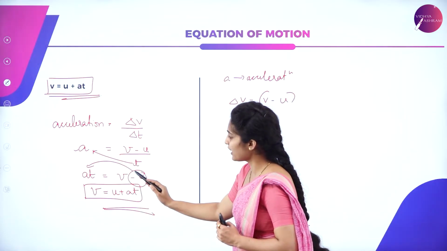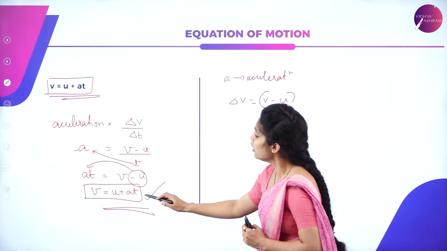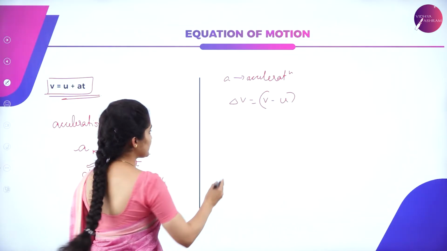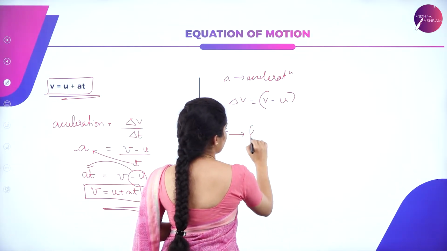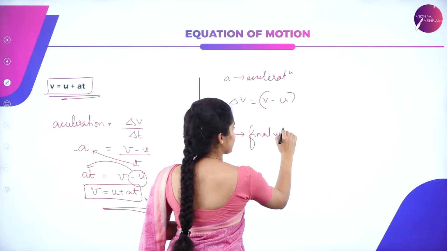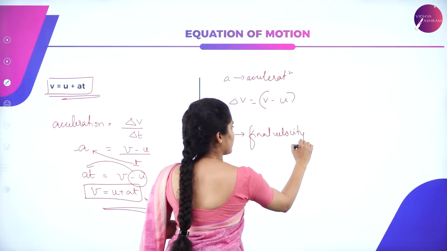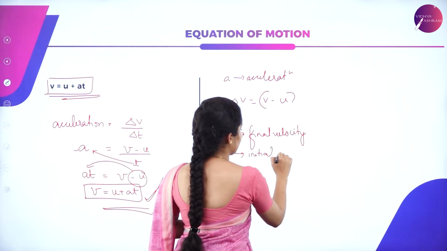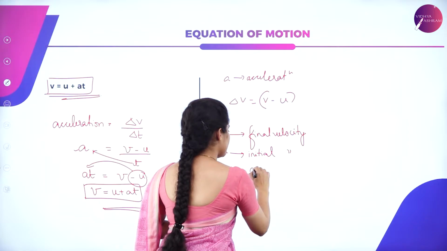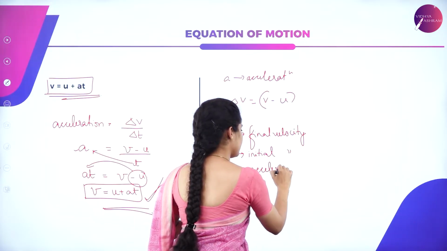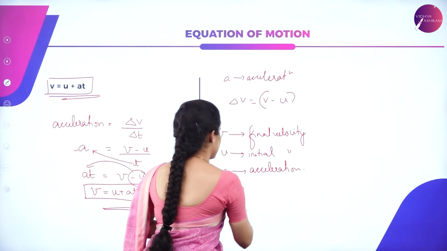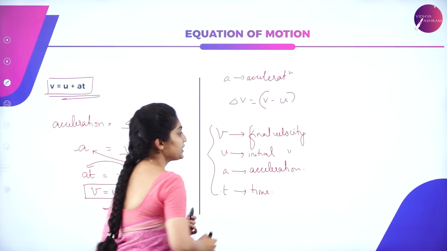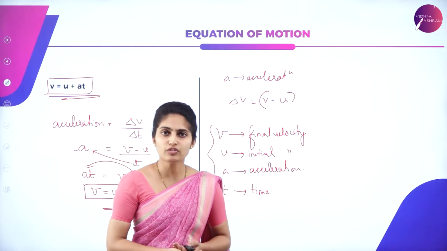This is equated to give the following equation of motion, where v means final velocity, u means initial velocity, a means acceleration, and t means time taken. So these are the terms for this equation of motion.